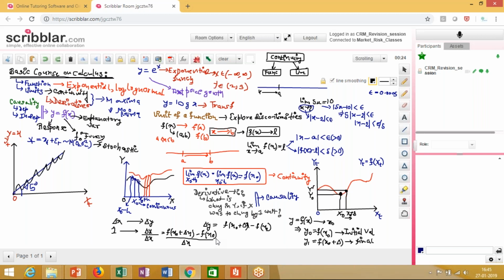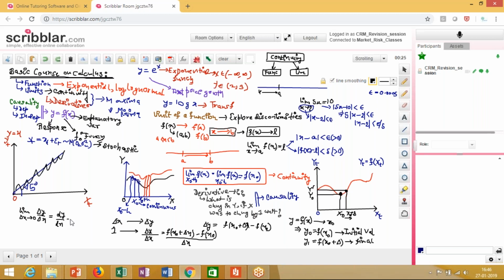So that is the reason why over here we need to consider this function for very small changes in x. If the change in x happens by very small amounts, so delta x tends to 0, delta y over delta x, which we call our first order derivative, that is dy/dx.